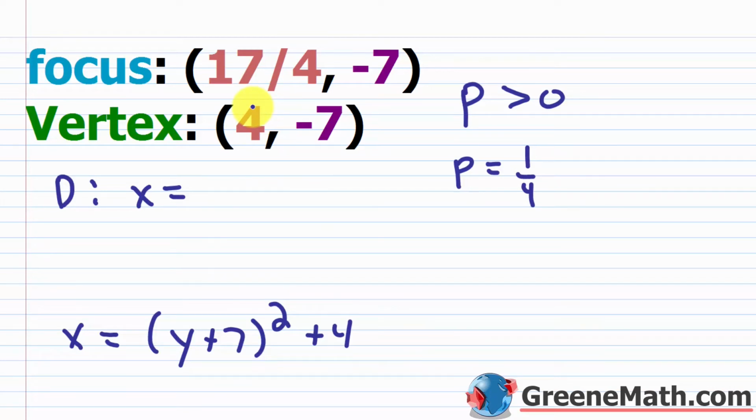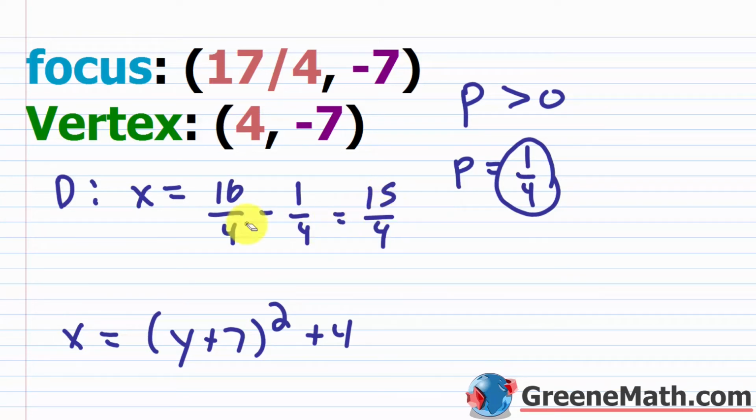So now we need to go to the left because this is opening to the right, okay? So your focus is here, your directrix needs to be over here. So you need to go this way now, okay? So I would subtract 1/4, this value here, away from 4. So what is 16/4 minus 1/4? That's 15/4, okay? So x equals 15/4 is going to be your directrix here.